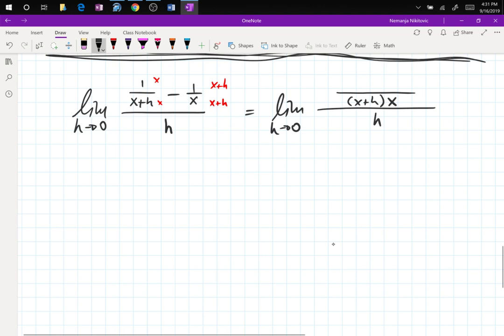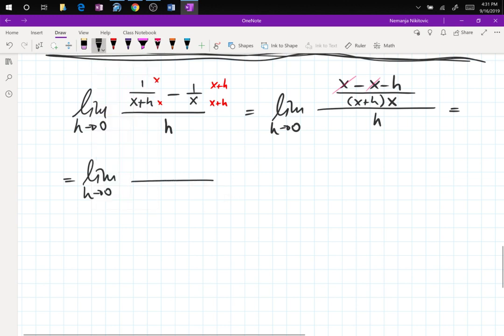And on top, I have x minus x minus h, because when I have that negative 1 times x plus h, negative 1 times x is negative x, and negative 1 times h is negative h. So those are the values. So now we go the limit, h goes to 0, and these two x's drop.